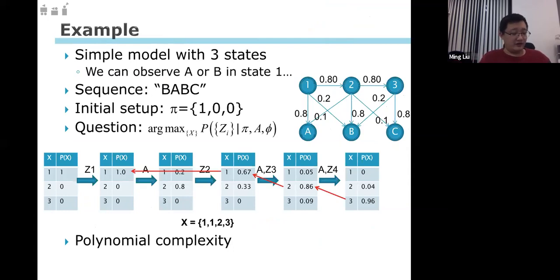Let's say you have a model with 3 states, 1, 2, 3. You can observe A or B in state 1. Okay, with different probability.